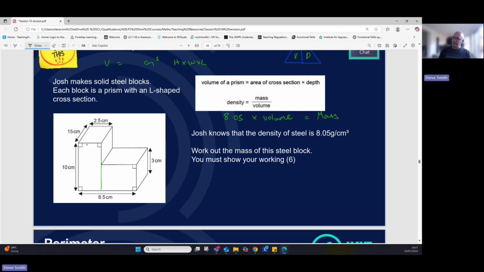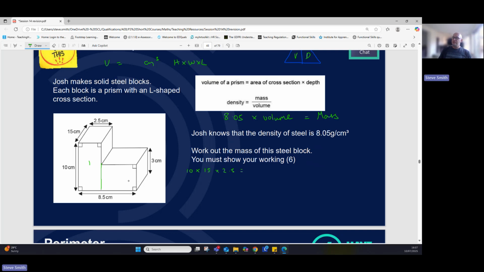We've got a height, we're going to call this number 1. The height is 10, and we've got a width of 15. Then we've got a depth or another width, the third measurement, and that's 2.5. So we can work out that one in a second.